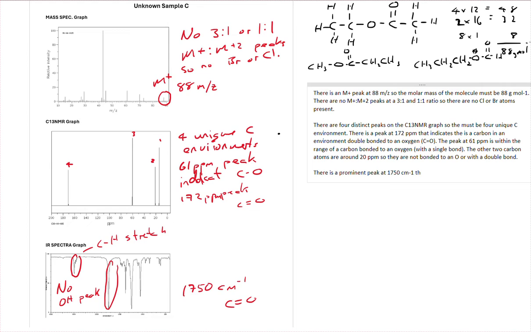This indicates the stretching of a carbon double bond.